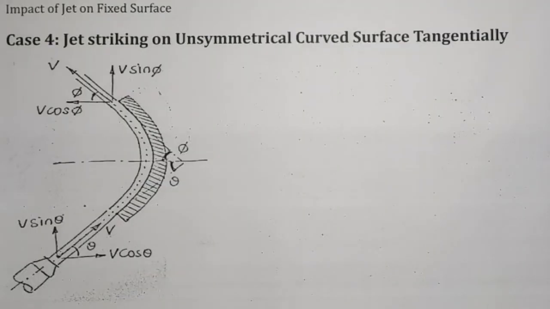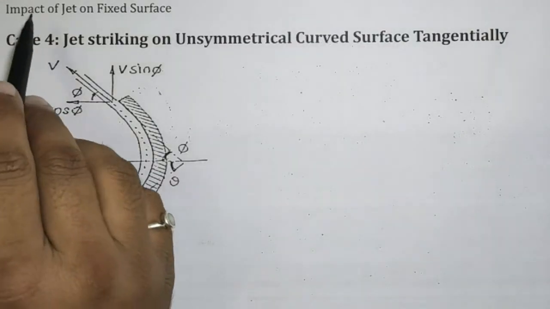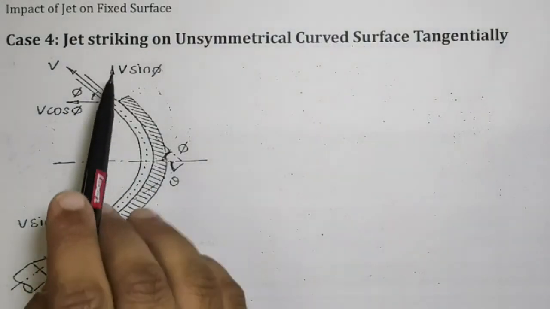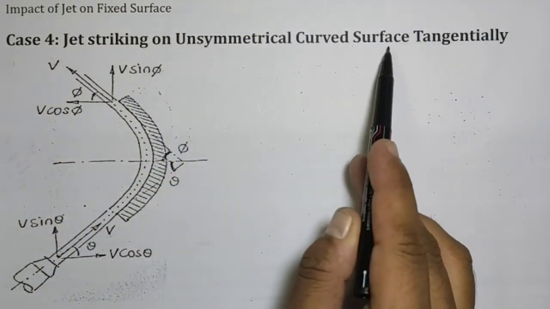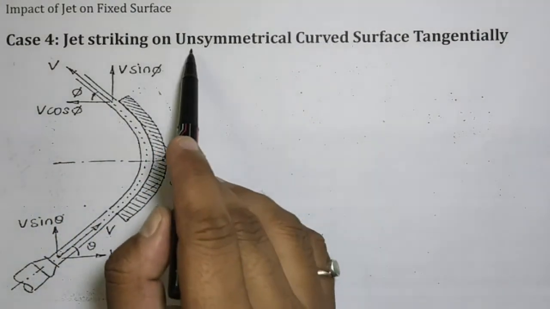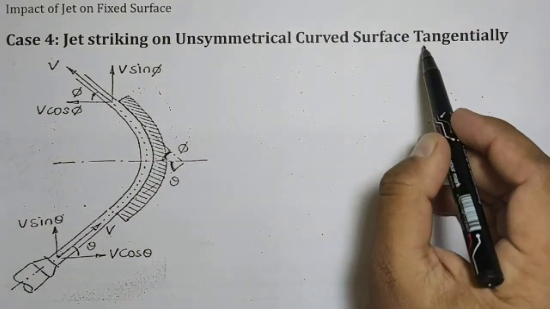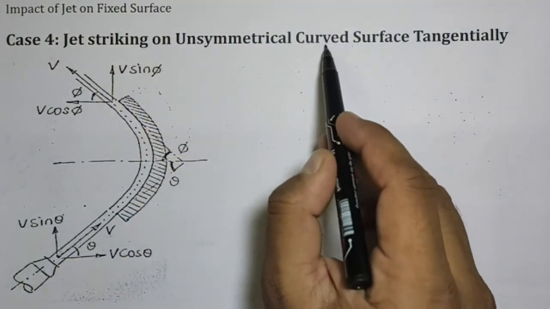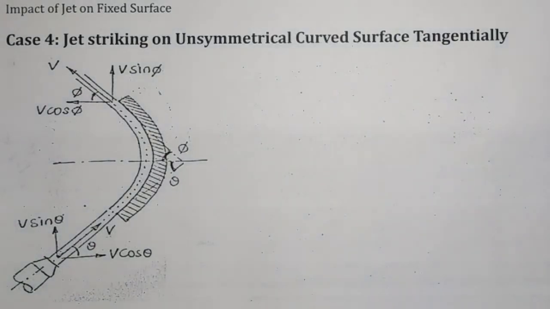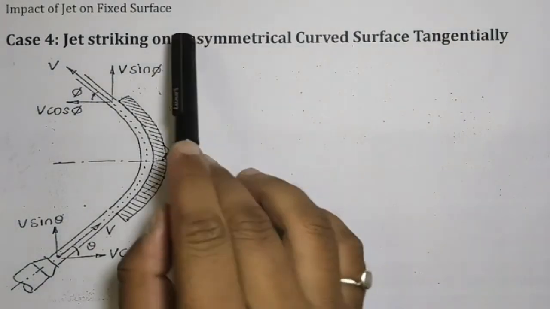The next case is to find the force exerted by the jet if the surface is curved, but that curved surface is an unsymmetrically curved surface, and the jet is striking that curved surface tangentially. This is the statement form.